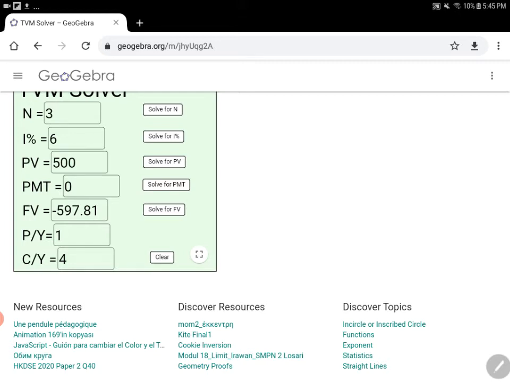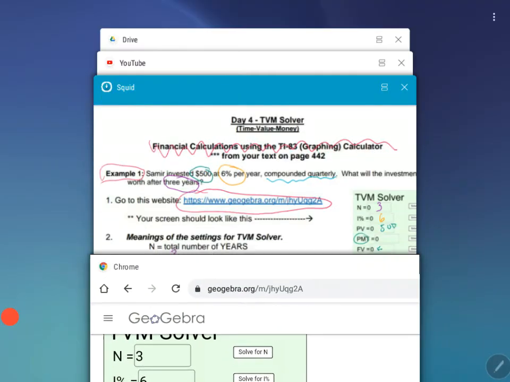Now that negative doesn't mean that you're losing money. It just means that if we put in $500, we get out 597.81. So it's just all about balancing. Something goes in and something goes out. So when you write down your answer, you do not include the negative, you just include the positive. So we know that for Samir, he put in $500, and after 3 years, it's now worth $597.81.